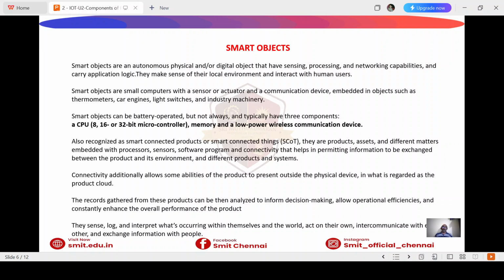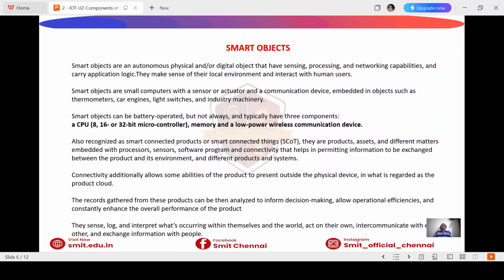So it keeps on sending information about machineries, appliances, car engines, crankshaft systems, wherever these smart objects are embedded. It will keep on sending information through the product cloud, and this will later be analyzed for making informed decisions, so that in future performance is enhanced.